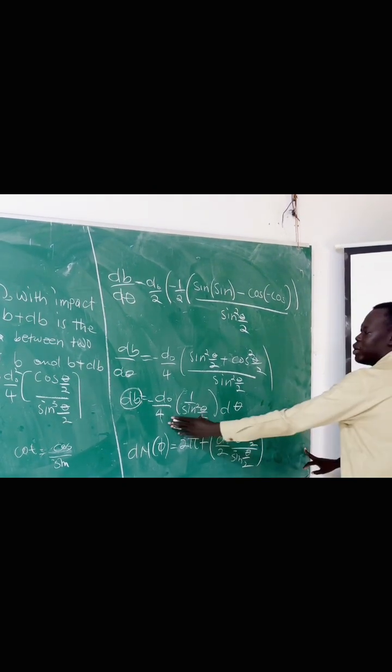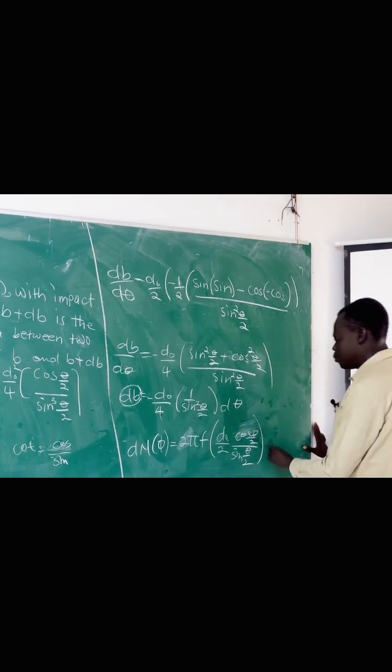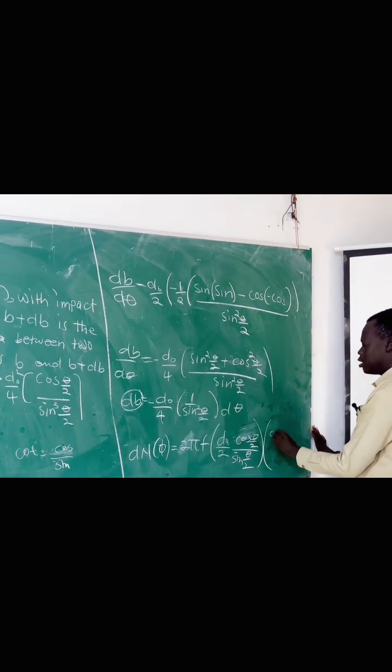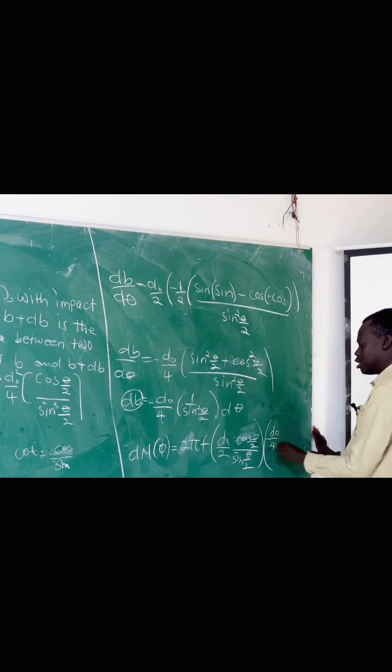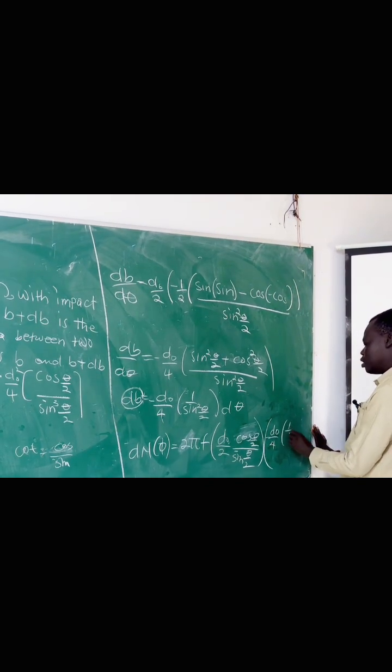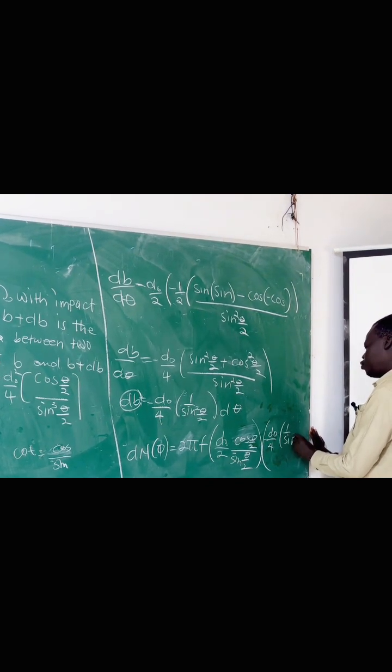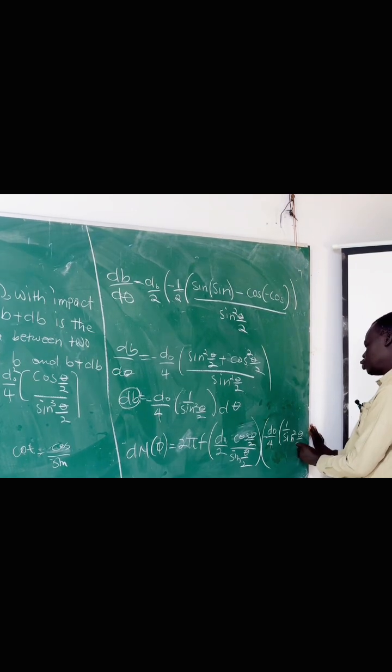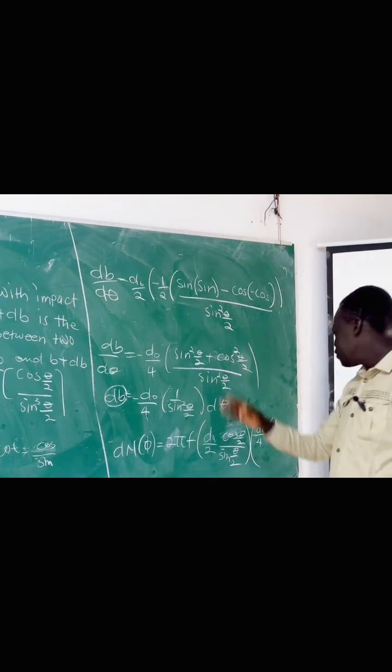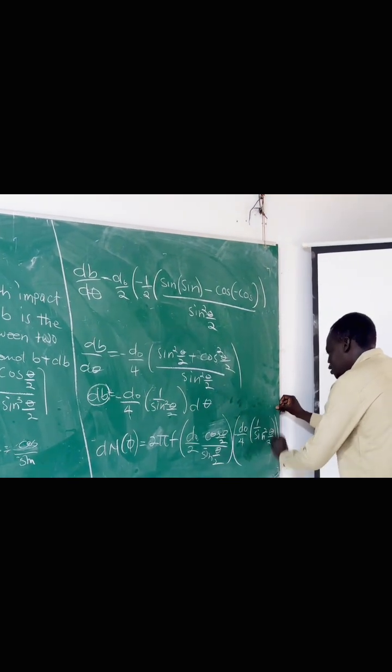Then we put this one, which is db, d theta all over 4, and here is minus, and then 1 divided by sine raised to power 2 theta all over 2. Okay, I want to rewrite this side so that we do our number.